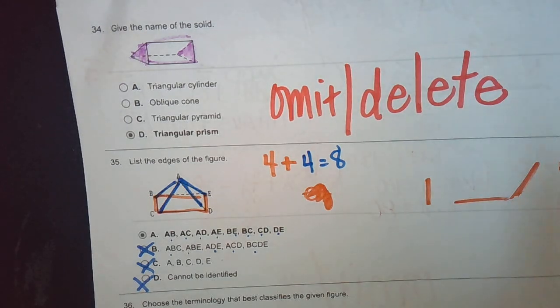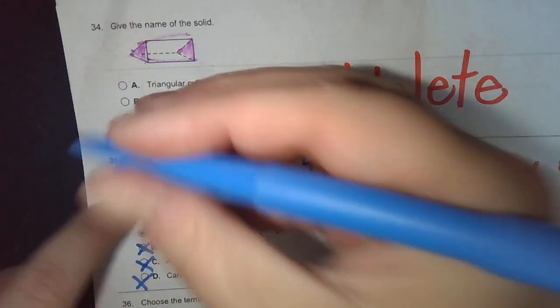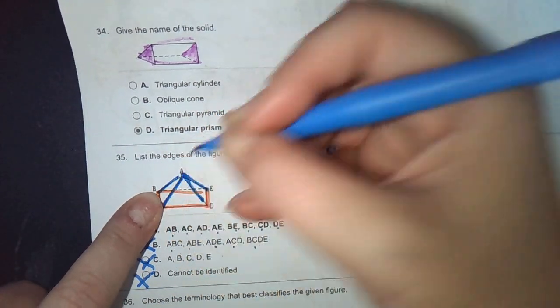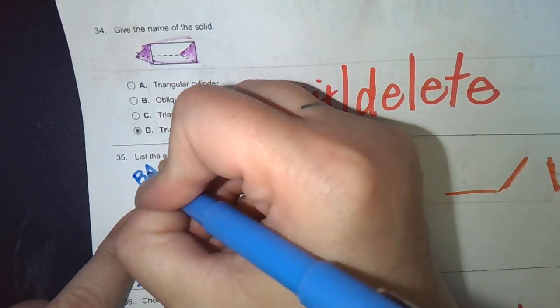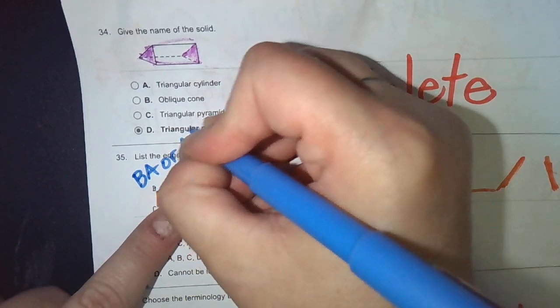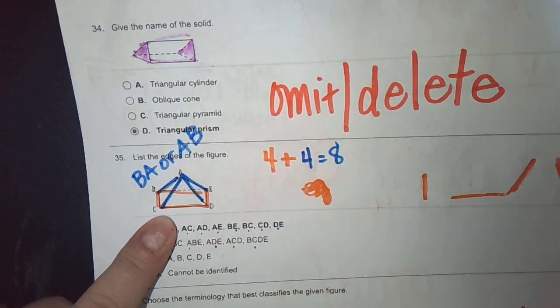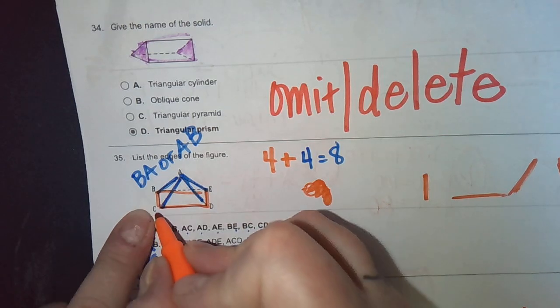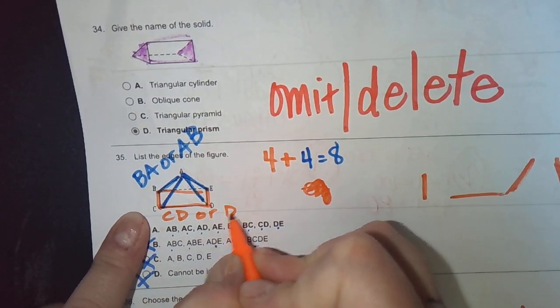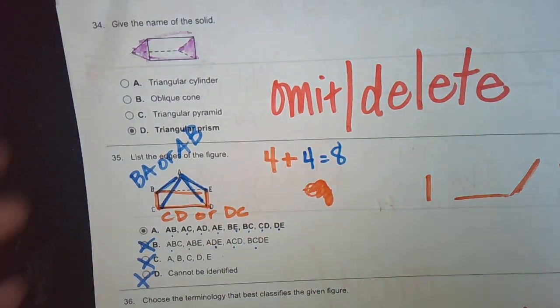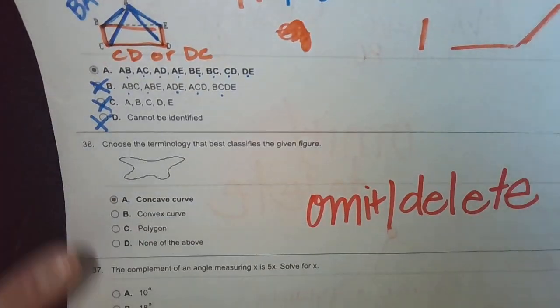And then the way we label these edges, this top left one could be labeled BA or AB. Yeah, that one right there. This bottom one, you could label it CD or DC. Anyway, you get the point. Okay, so the answer is A.